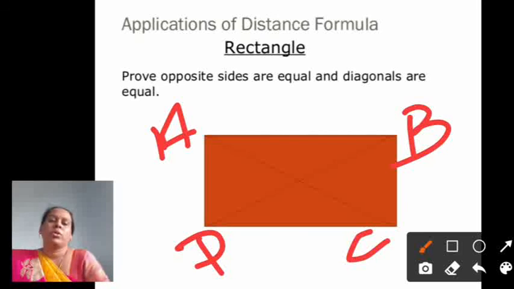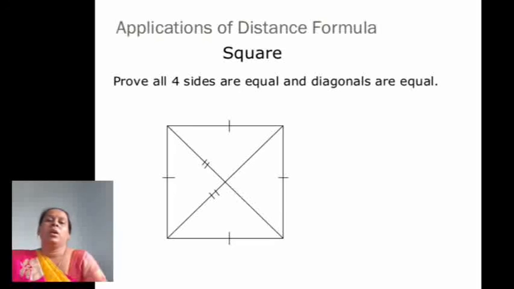Then you can show that it is a rectangle. For a square, again you have to show all 4 sides are equal and one more property, diagonals are also equal, then it is a square.